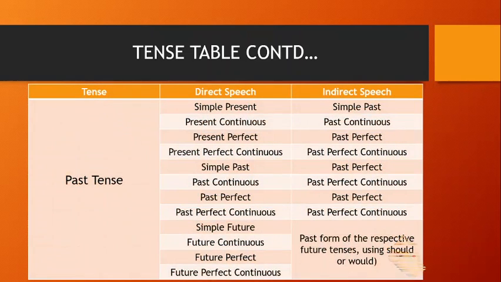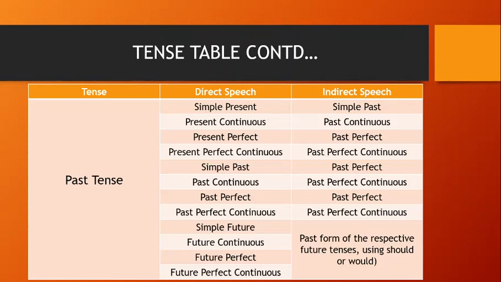Suppose it is in simple present, it will become simple past. The simple part will remain as it is, but present will become past. And this will continue with present continuous. It will remain continuous, but present will become past. So if you remember, in our tense discussion, we had brought in the concept of aspect.